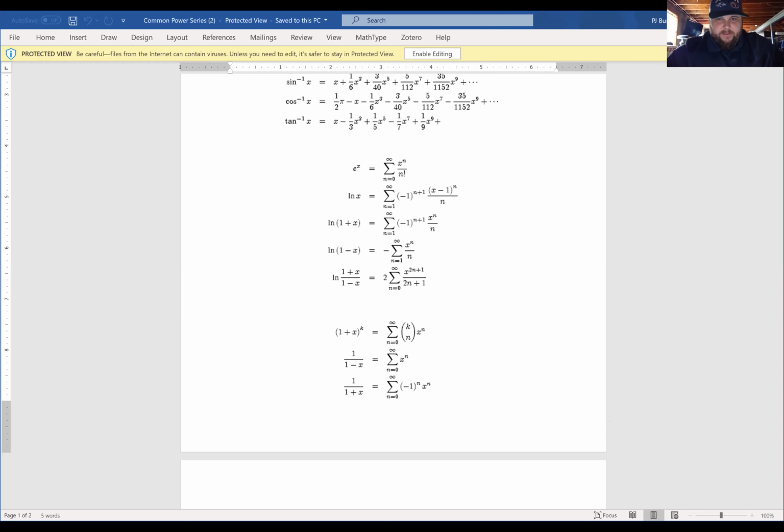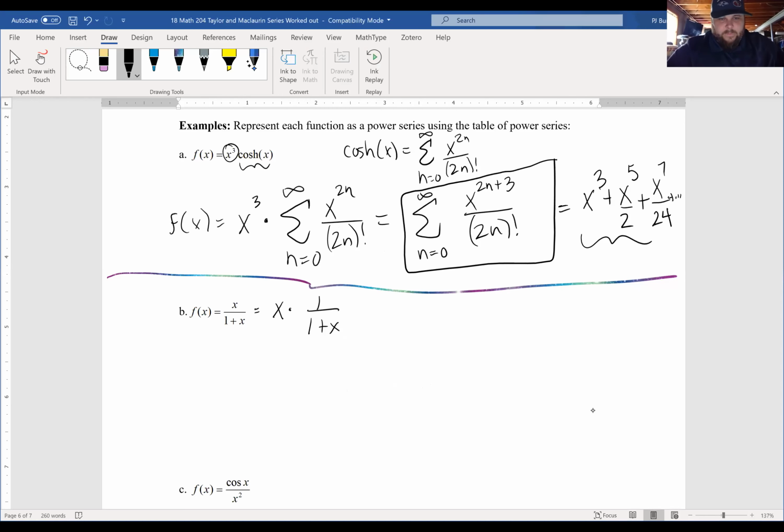So let's go back to our sheet. And I'm going to replace 1 over 1 plus x with the sum n equals 0 to infinity, -1 to the n, x to the n.